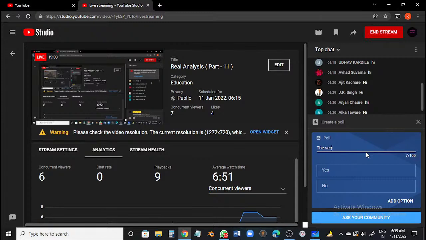The sequence (2n plus 3) divided by n raised to 4.